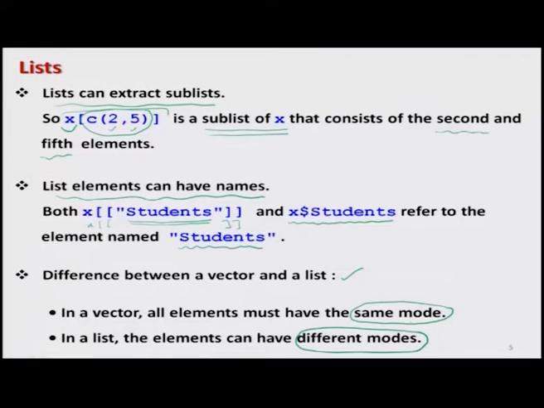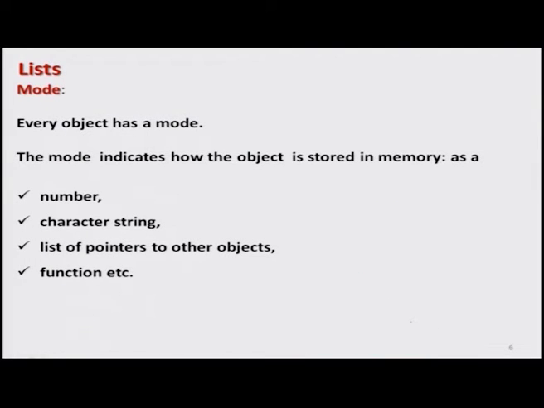So, now before going further, let us try to understand what we really mean by modes. Actually, every object has a mode. What does this mean? The mode indicates how the object is stored in the memory of a computer.